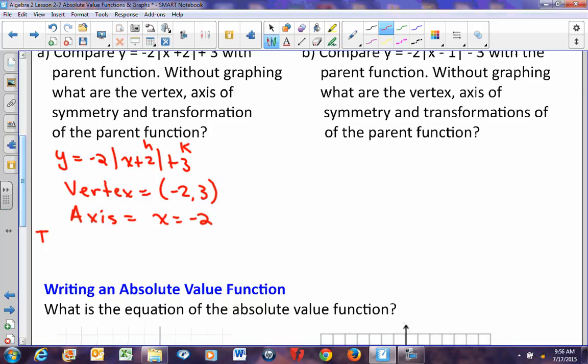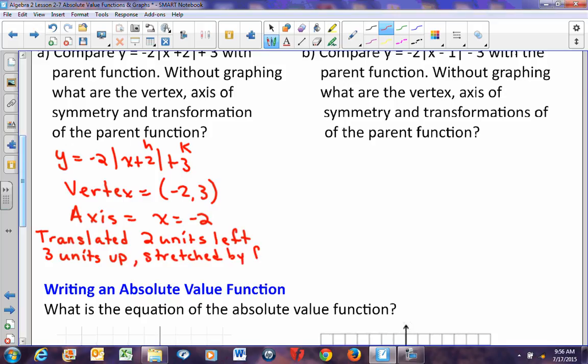It's translated 2 units left, 3 units up, stretched by a factor of 2, and reflected over the x-axis.